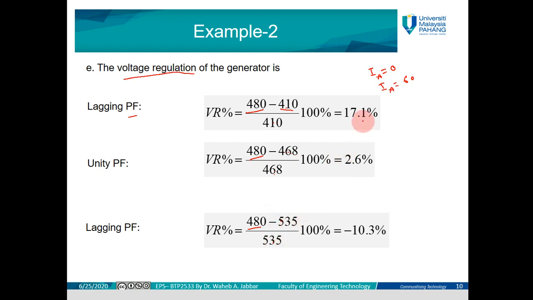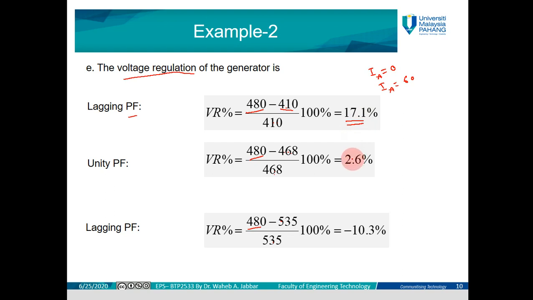Okay, so you can see here, if the voltage regulation of the synchronous generator is positive and a high value, this is not good. If it is positive, in this case it means we have a lagging power factor, and also the voltage on the terminal of the generator is much less than the voltage generated by the generator at no load.